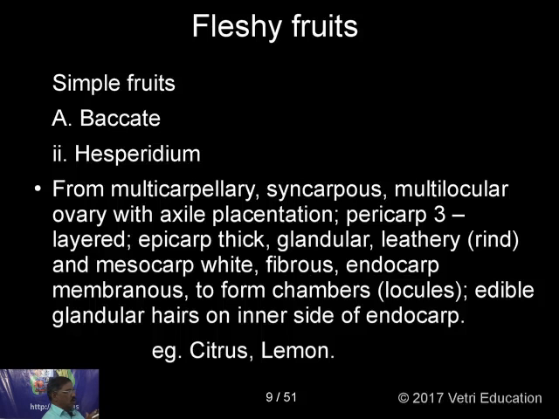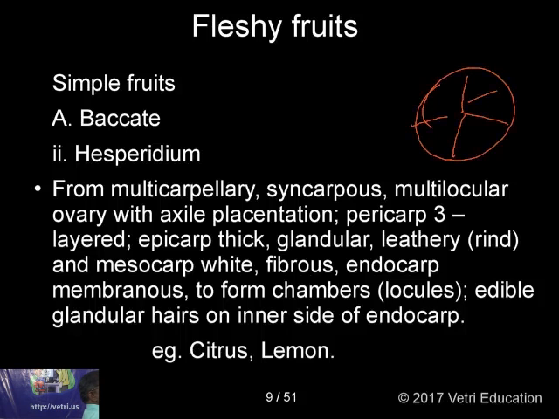The outer layer is glandular or leathery, in between you can find a white papery fibrous part, and inside you have a juicy part. It is divided into separate compartments, and in the inner compartments you have the juicy hairs. That is called the Hesperidium. Example, citrus and lemon.